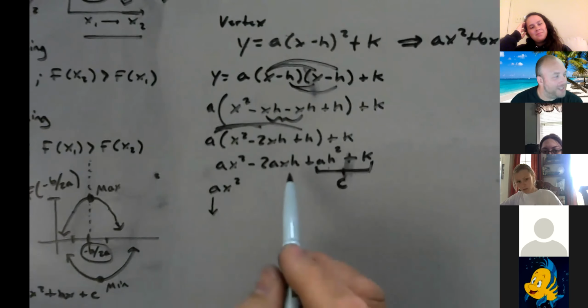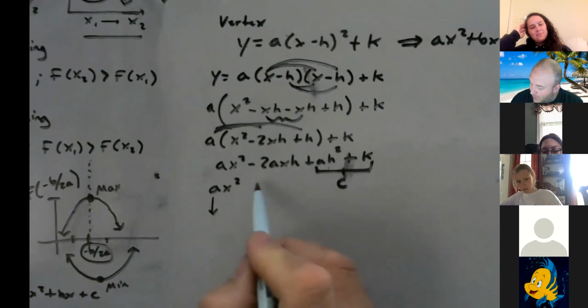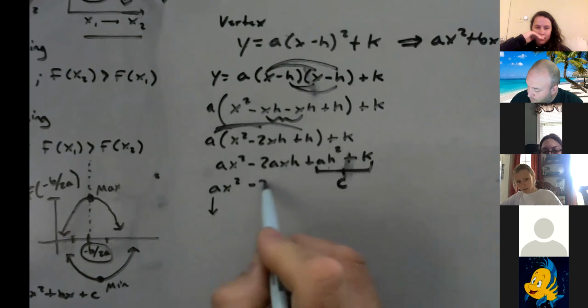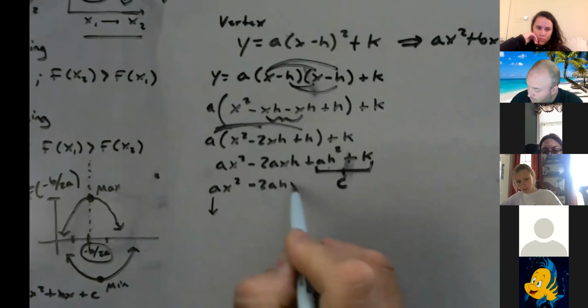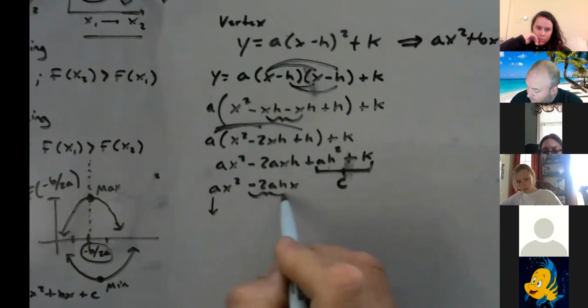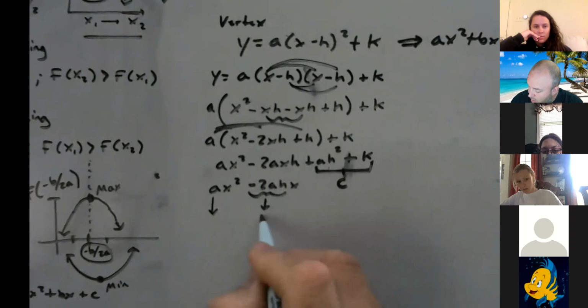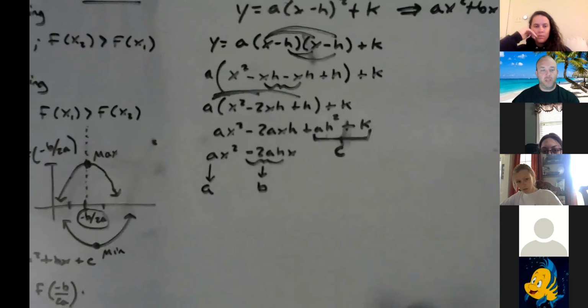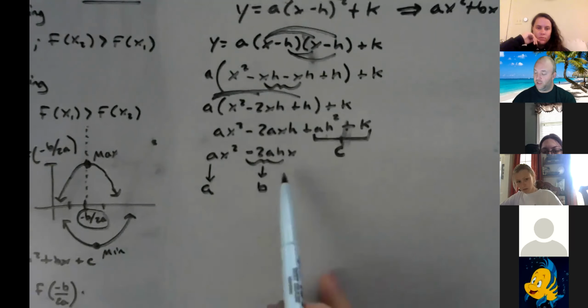The middle is the tricky part. I would need to do some maneuvering around, but the negative 2a times h is your b. Okay. And there are places where knowing, in terms of h and k, how that affects what it is in terms of standard form allows it to make it a little bit easier.